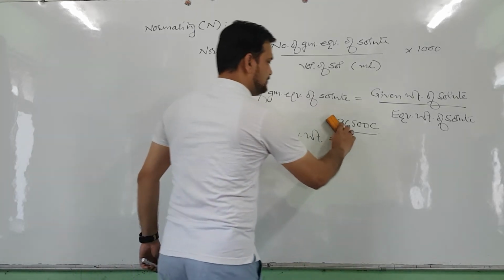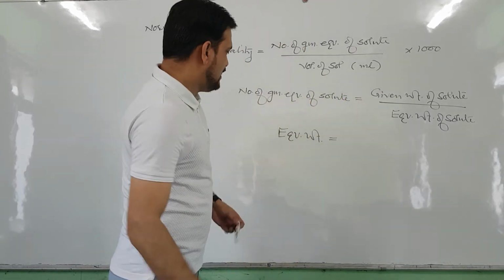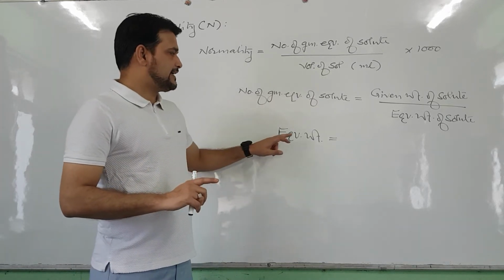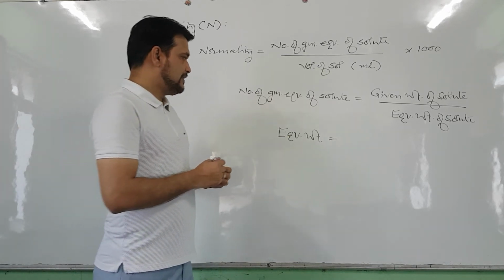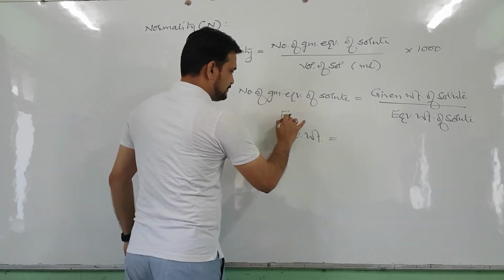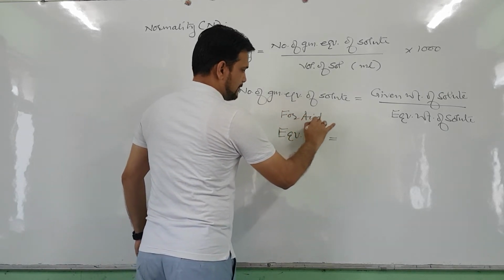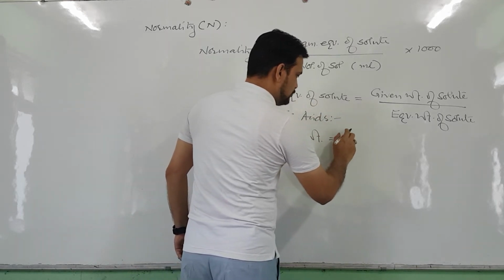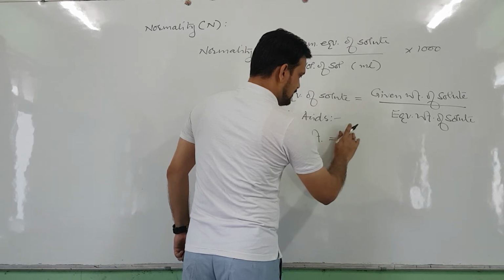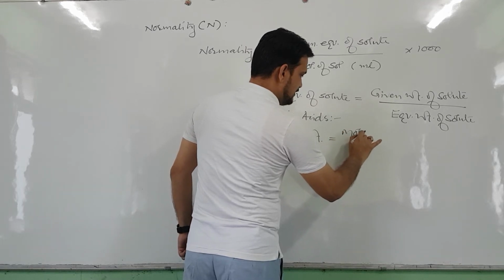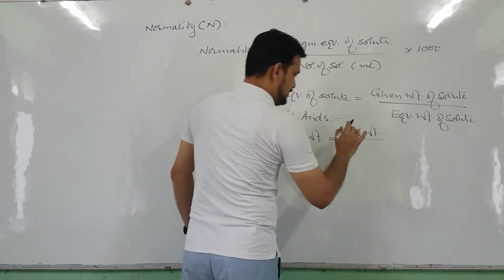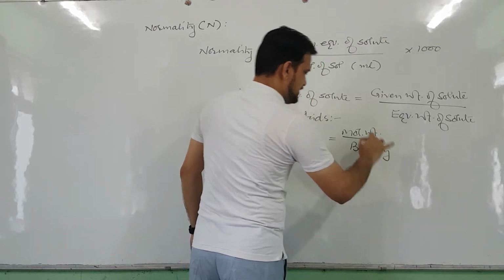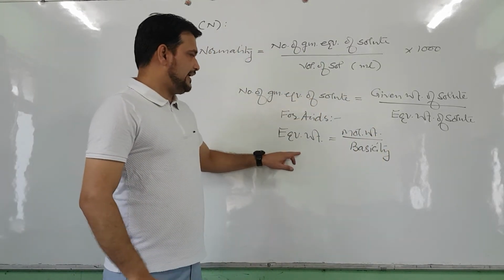And mathematically, equivalent weight for different substances can be calculated as follows. For acids, equivalent weight is equal to molecular weight divided by basicity.